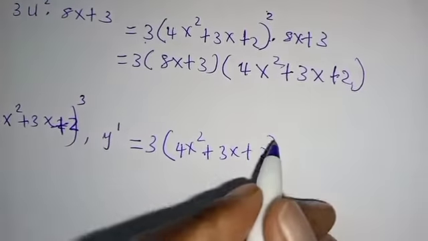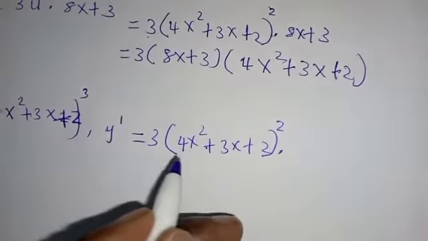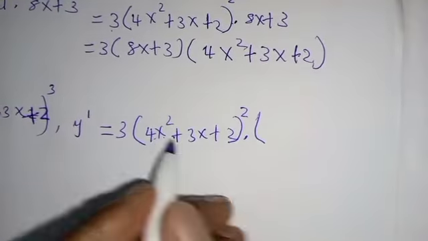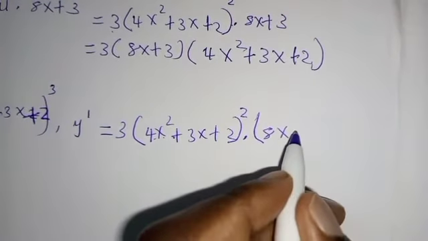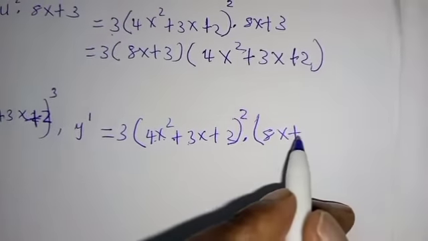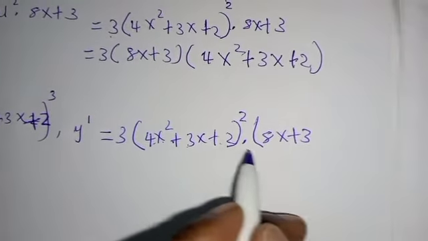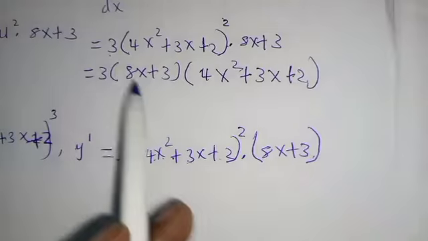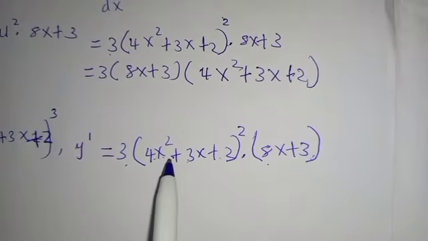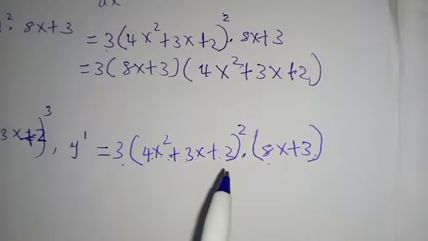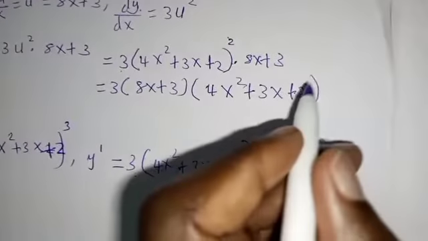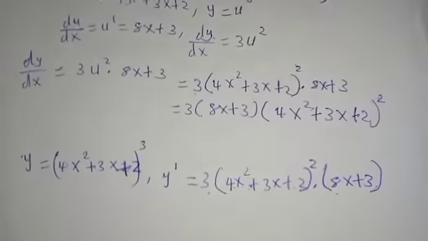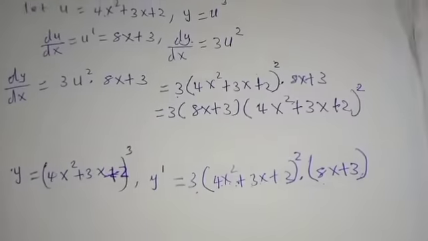So 3 minus 1 is 2, times you multiply by what is inside the bracket differentiated. So 4x squared differentiated will give you 8x, 3x differentiated will give you 3, and 2 differentiated will give you 0. You close the bracket, and when you compare this, it is the same: 3 into bracket 8x plus 3 into bracket 4x squared plus 3x plus 2, squared. So the chain rule can be applied directly and you are going to get the same result.